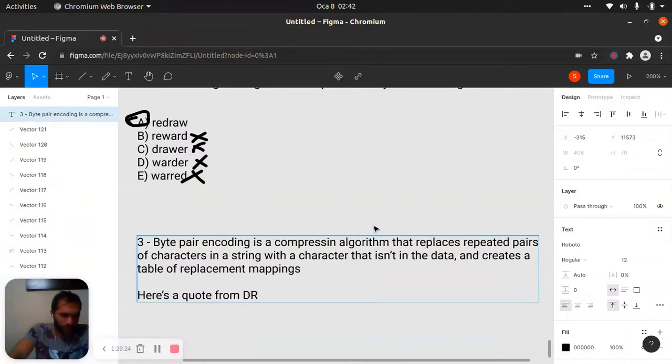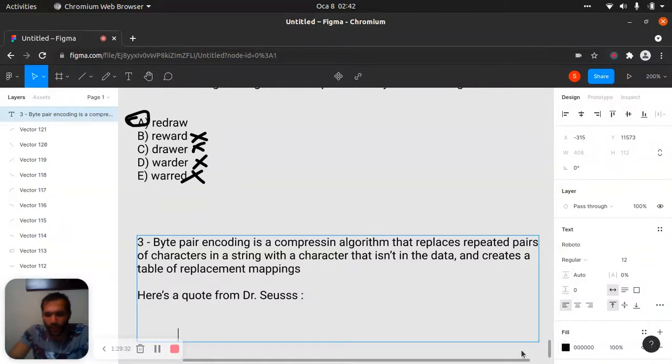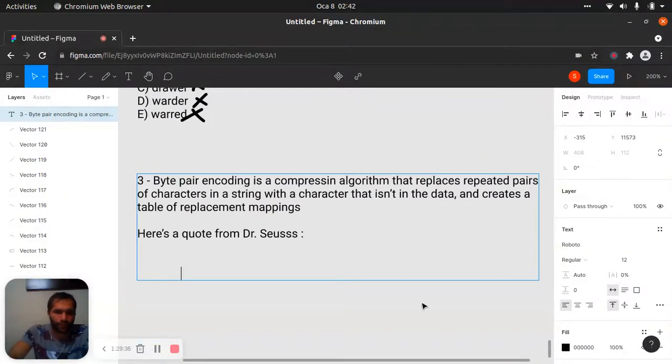Dr. Seuss again. Okay, let's write it here. What did you write back there? Think left and think right, and think low and think high.